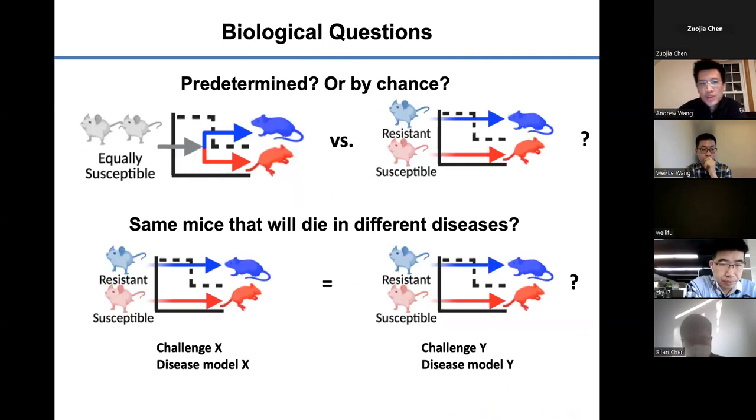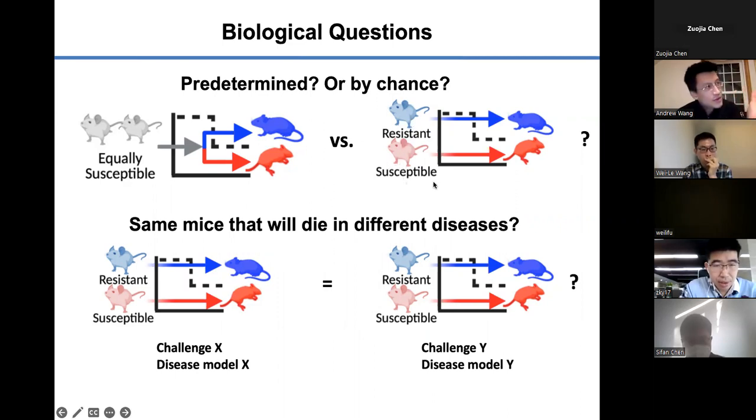So the basic biological question here can be summarized as follows: are we starting out with mice that are all equally susceptible, and then you hit them with some challenge, and because of random factors that occur after challenge, they split and become mice that survive and mice that die? Or is it that they're actually in the beginning already a little bit different, and you can identify those that are resistant and those that are susceptible before the challenge?